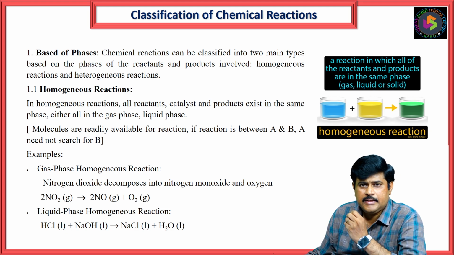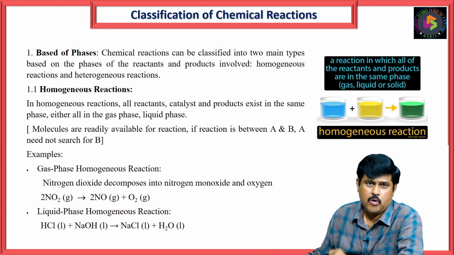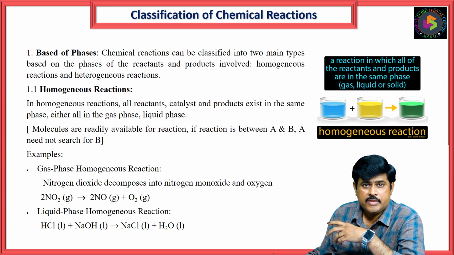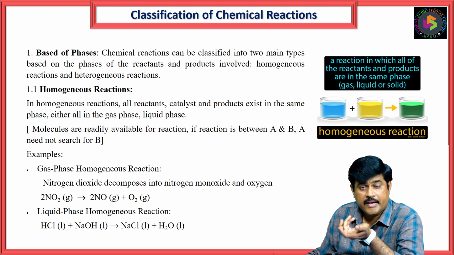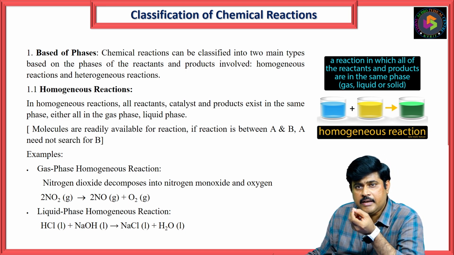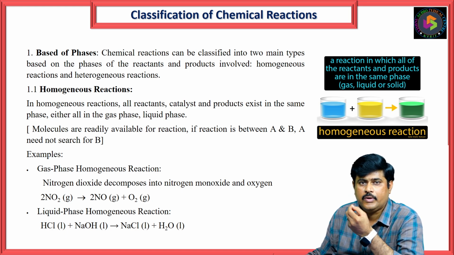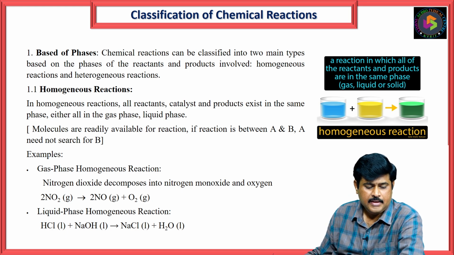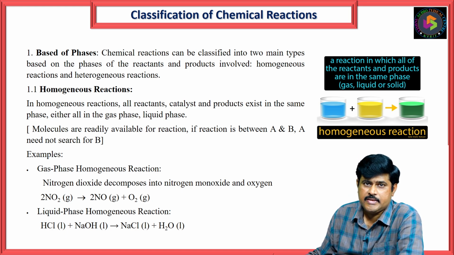There is no need to search B for A as well as A for B. Both are readily available to form the products. Unlike in heterogeneous reactions, where you have two phases, such as gas and liquid or liquid and solid, where the molecule from one phase diffuses to the other phase to react and form the product. That is the main advantage of homogeneous reactions.